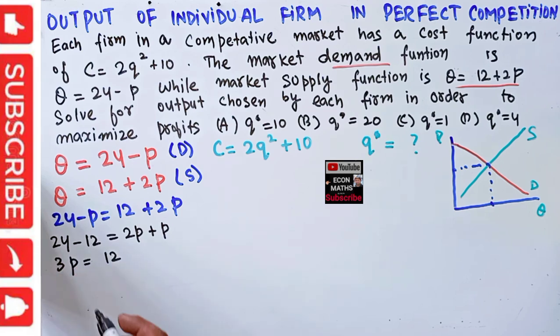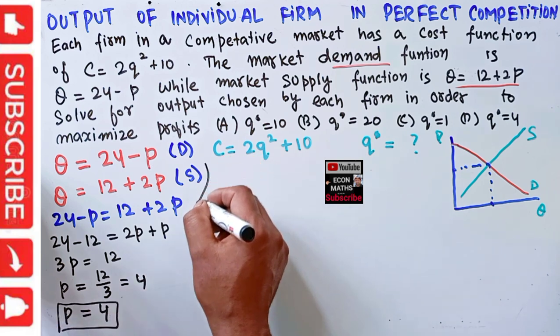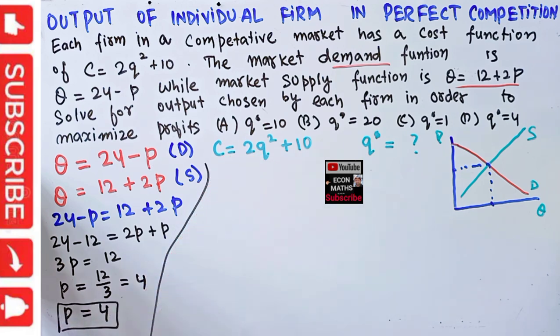Dividing both sides by 3, our market price will be equal to 12 upon 3, which comes out to be 4. So the market price is 4.